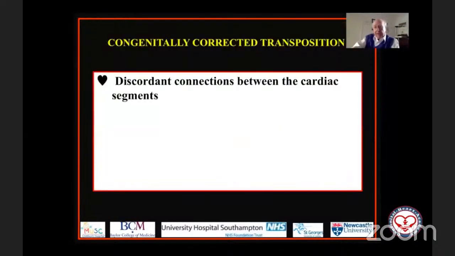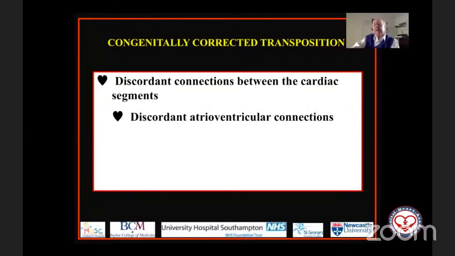So what we are looking at is discordant connections between the cardiac segments. And you will remember that last week I emphasized to you that the essence of sequential segmental analysis was that first we analyzed the components of the segments and then we assessed how they were joined together.